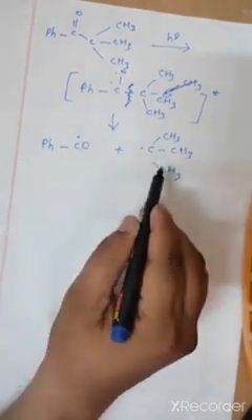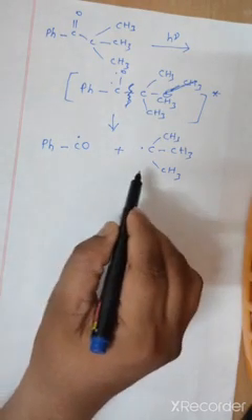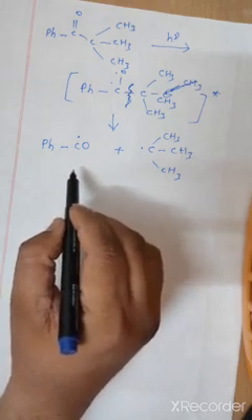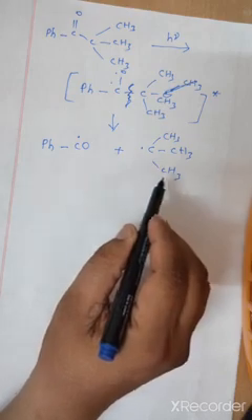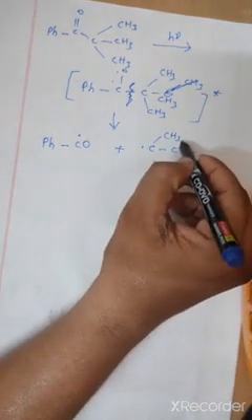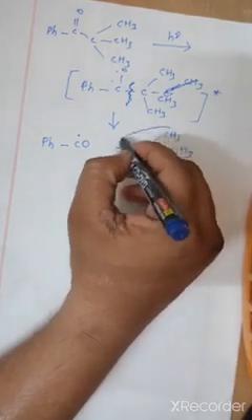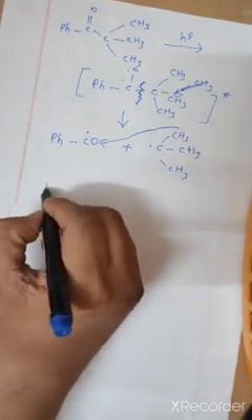these two radicals may combine. In this reaction, hydrogen abstraction will take place. The hydrogen will be abstracted from this oxygen. As a result of this, two products are formed.